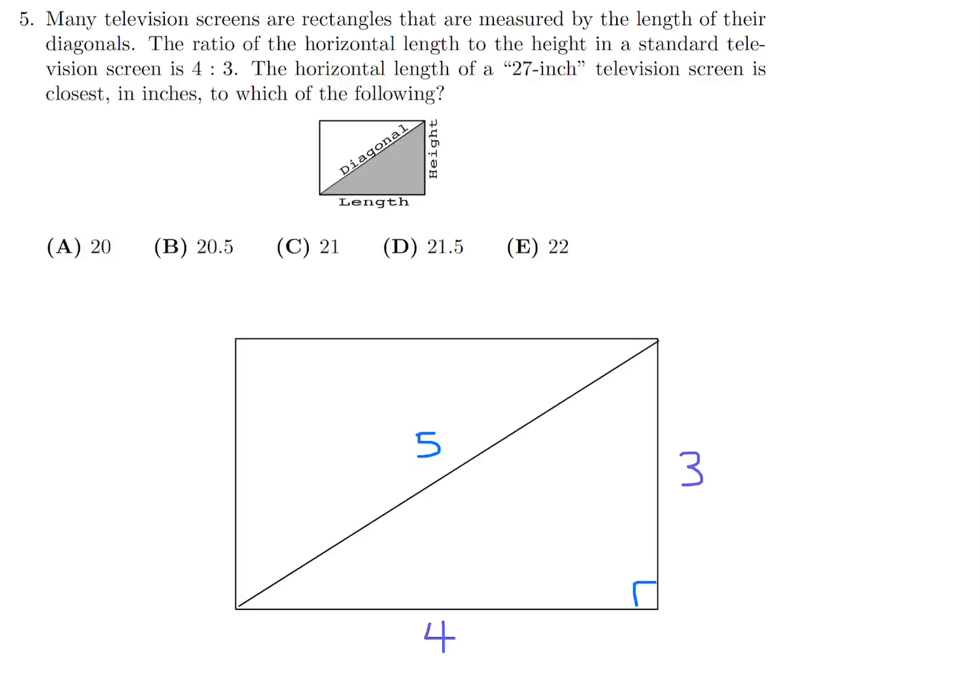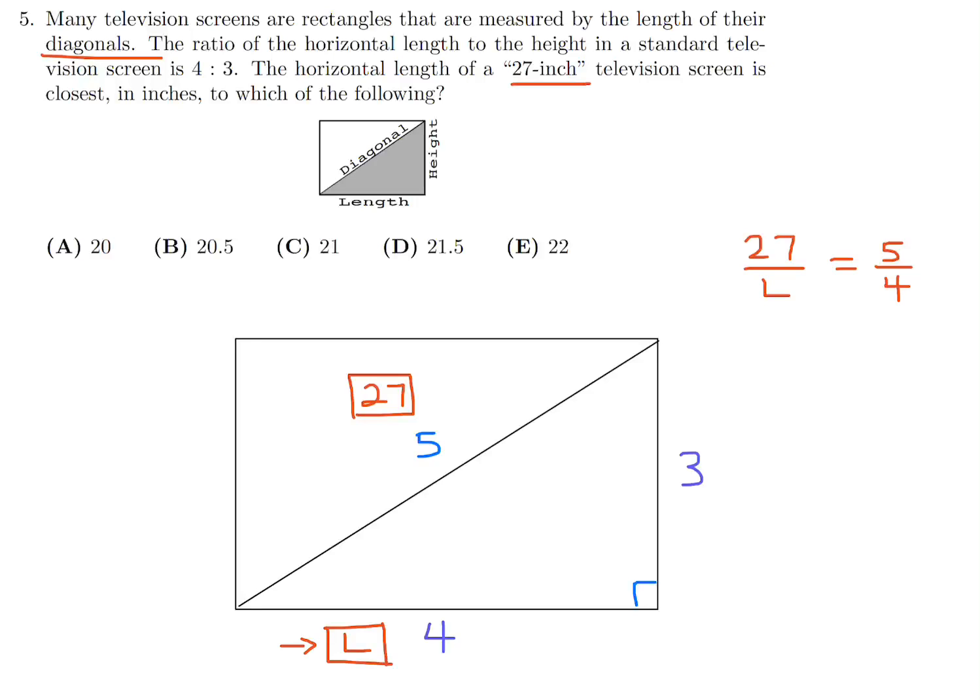So in our example, they're giving us a 27-inch TV, and that 27-inch represents the diagonal. So they're giving us 27 inches, and they want us to figure out what is the horizontal length of this guy. Well, it's a simple comparison. If this is, let's say, our L, 27 over L will be the same as 5/4.